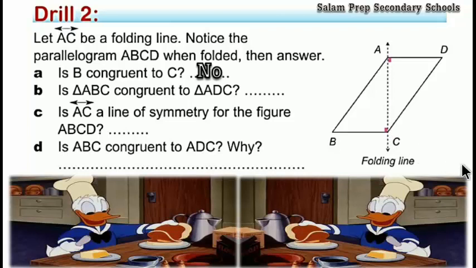Excellent. Now, is triangle A, B, C congruent to triangle A, D, C? Look with me.